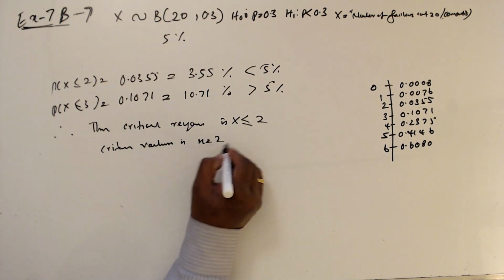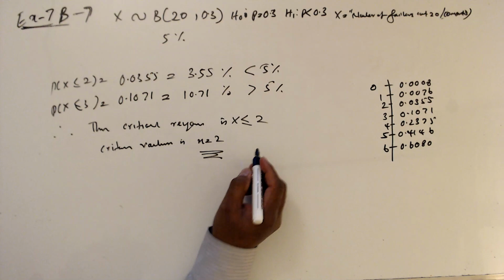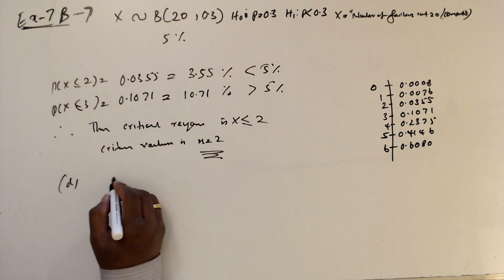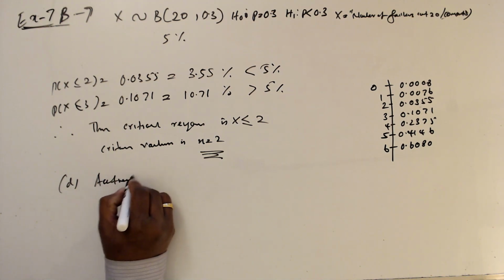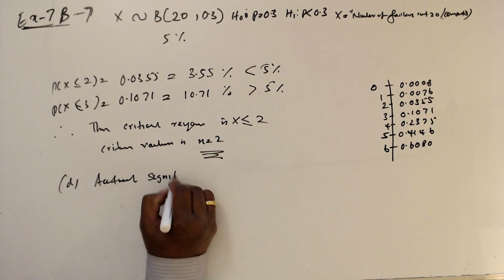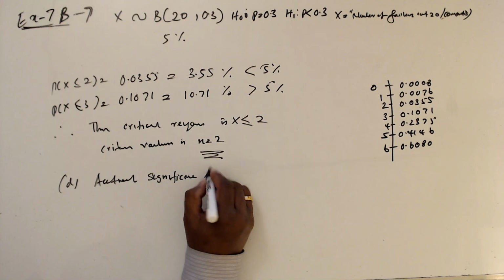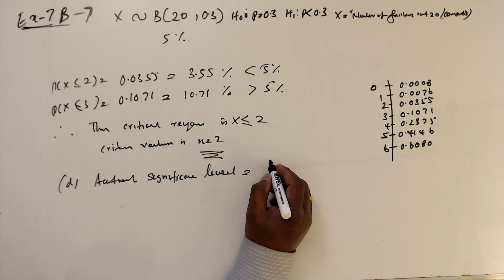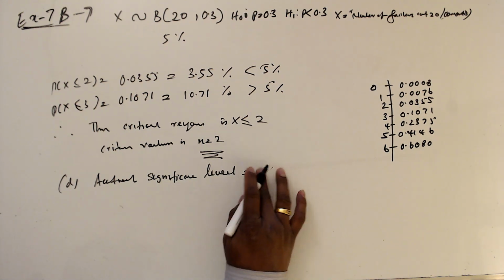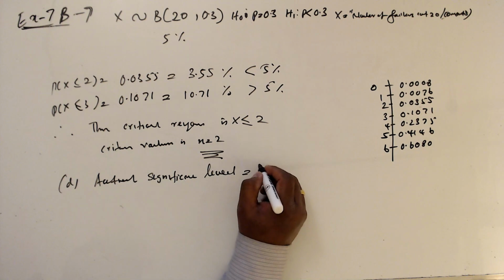And part D, the actual significance level. The actual significance level is 0.0355.